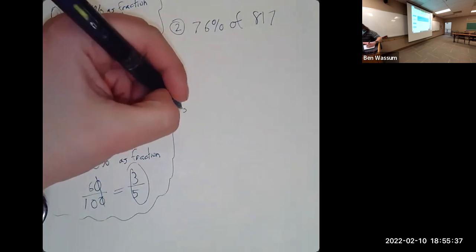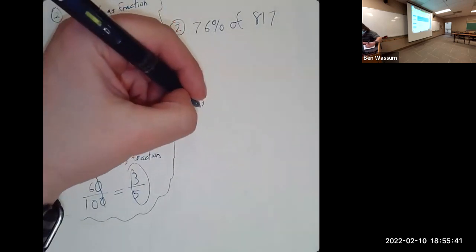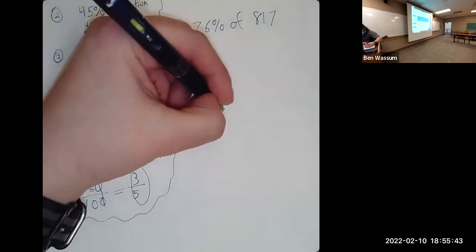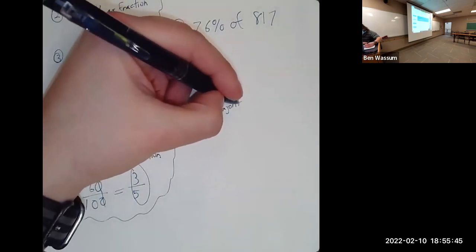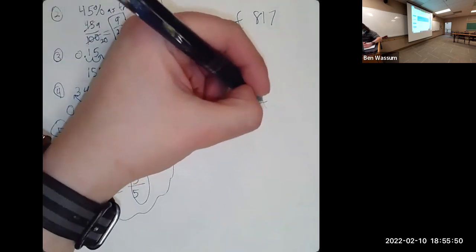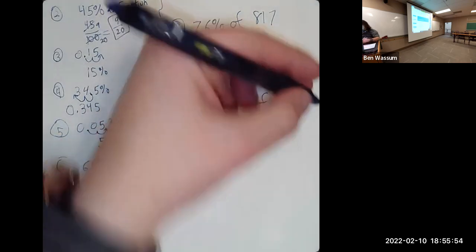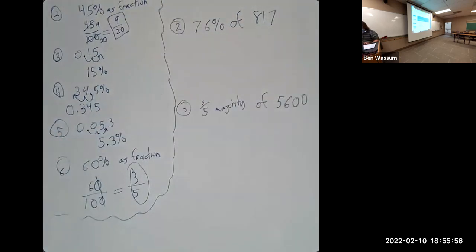And then the third one is saying if you need at least a 3/5 majority to succeed in a vote of 5,600 people, what's the lowest amount of votes needed to win? All right.